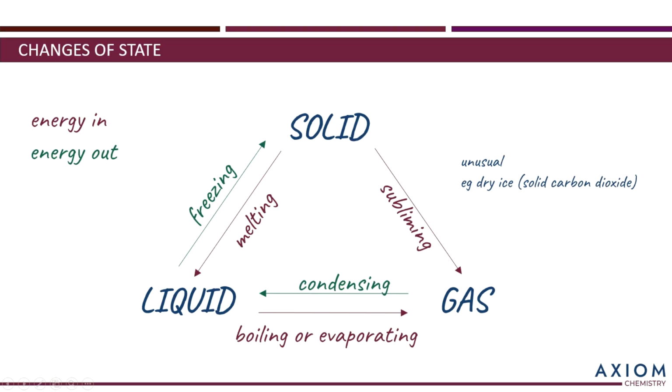It's sometimes used as a special effect in theatres and concerts. The reverse process, going directly from a gas to a solid, is called reverse subliming. Now, all of these processes just change the physical state of the substance, and so they're called physical, not chemical, changes.